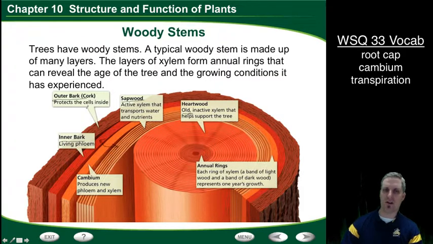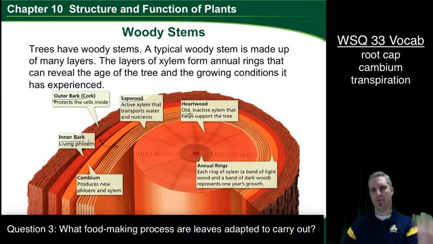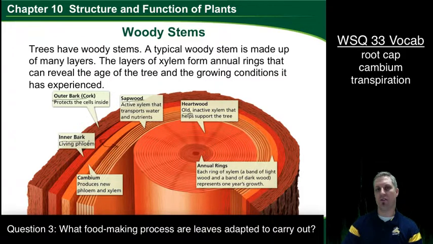The whole purpose of bark on a tree is to protect the phloem and the xylem that are active from being damaged. That's why, when trees are first planted, a lot of times they'll stake them. They'll put a stake on both sides of the tree, and they'll tie it with a rope or a piece of rubber or something like that.